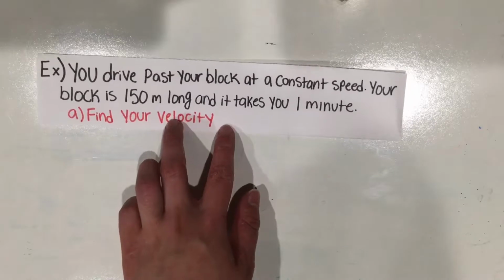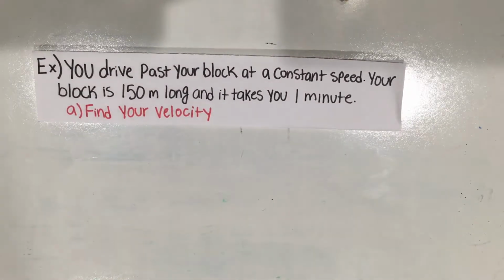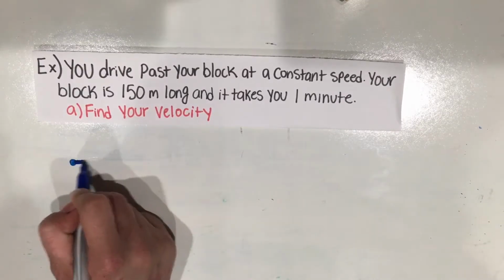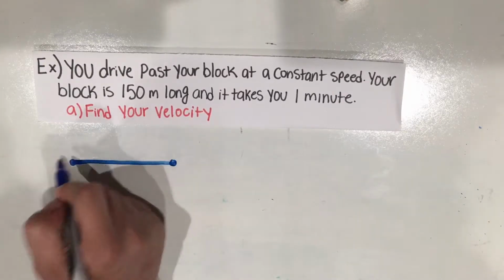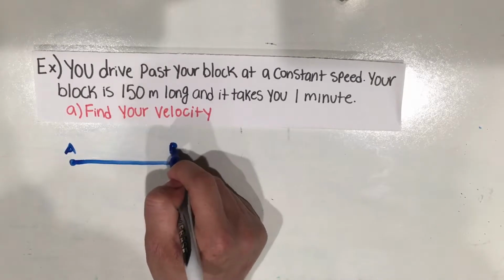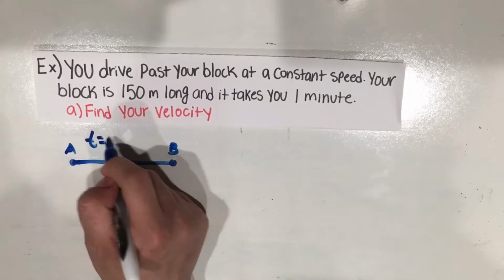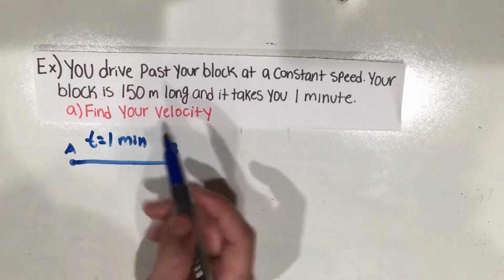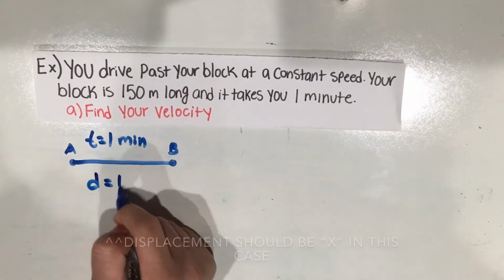Next I'm going to go over a quick example in order to practice finding velocity. The example is: you drive past your block at a constant speed, and your block is 150 meters long, and it takes you 1 minute to cross your block. Find your velocity. Let's start off by drawing this example. You're starting off at point A, and you're going to point B. You're going in 1 minute, so that would be t, your time. And your displacement in this case would be 150 meters.